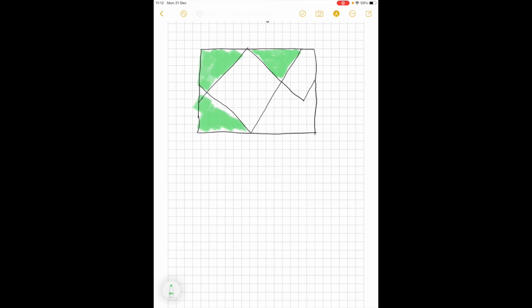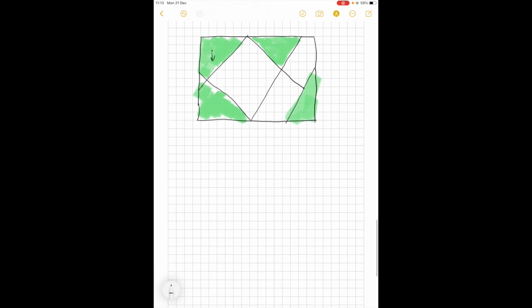Similarly, this one, and let me draw one more line here, and this one. In the green region, the polarization is along this direction, and in the white region, the polarization is along this direction. So this is the configuration in low electric field, low E.